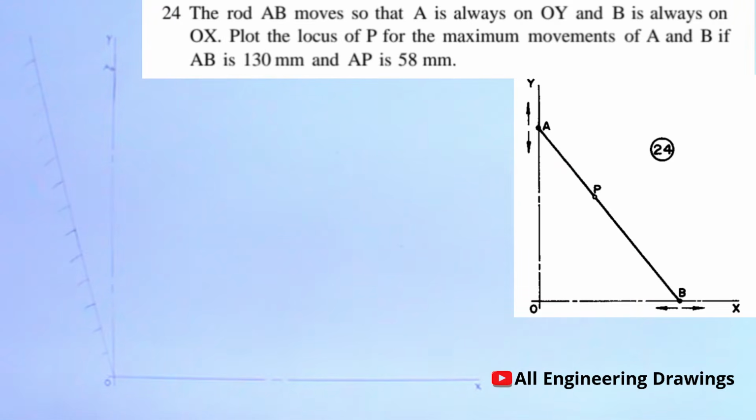So now we have our 13 points. The radius we use to mark the 13 points can be any suitable radius.